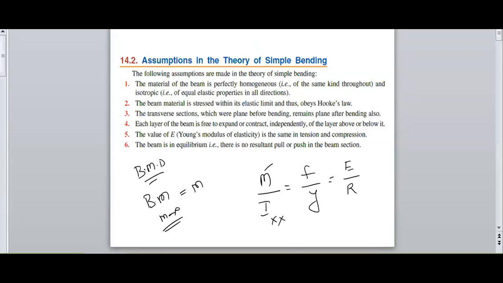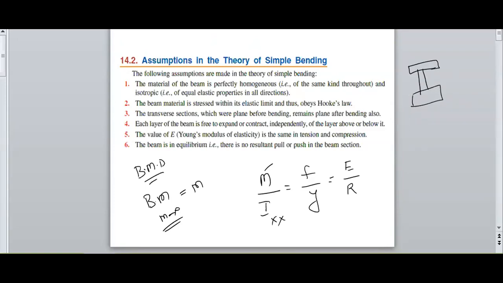It may be an I section, it may be a T section, it may be a circular, or it may be a rectangular.